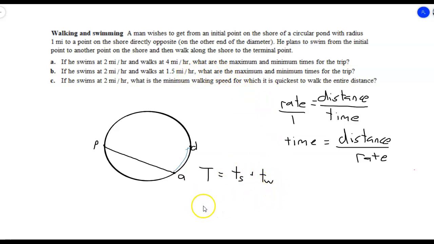All right. So we're going to have to figure out what this distance is, and we already know the rate. The rate is given to us, so we can set that up. But we need to know the distance.